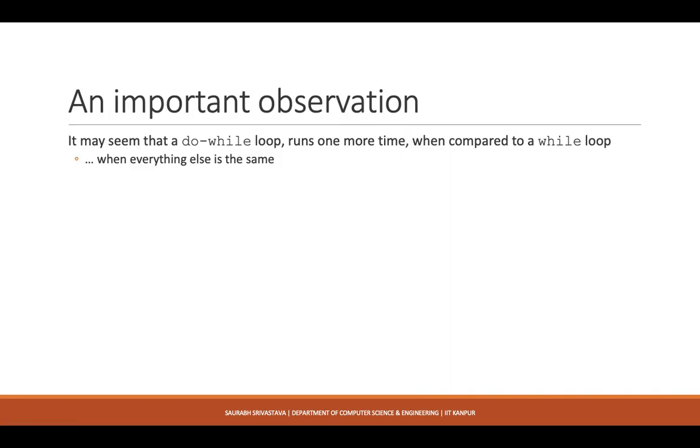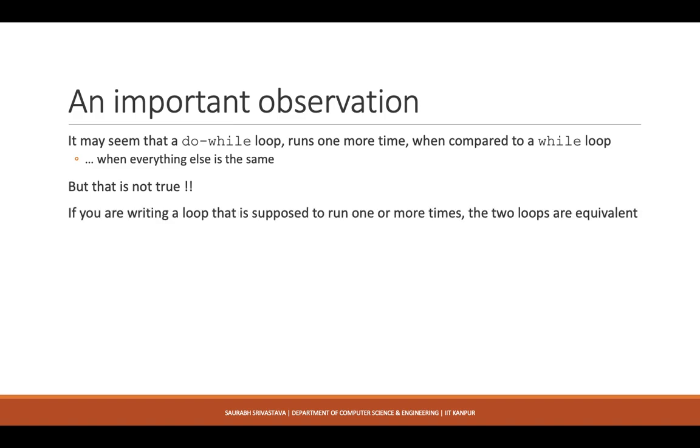This is a very important observation that you should understand. It may seem that a do while loop runs one more time when compared to a while loop. This is a very common misconception, that do while will basically run one more time as compared to while. This is not true.